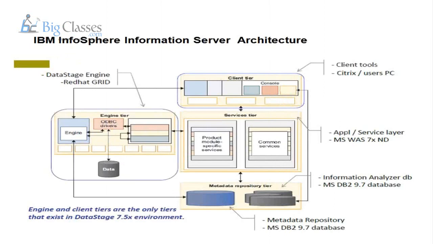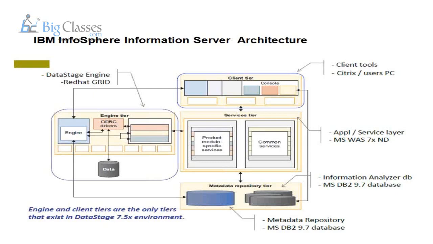When you go for this Information Server architecture, we'll cover the DataStage engine, the client types, how they exist in the DataStage 7.5 X2 environment, what the different client tools are, and the corresponding databases available.